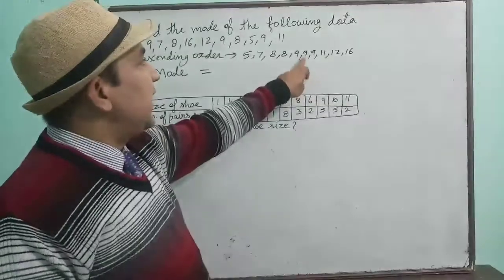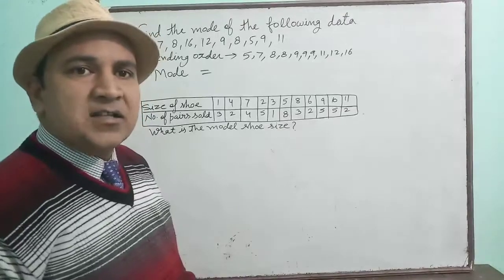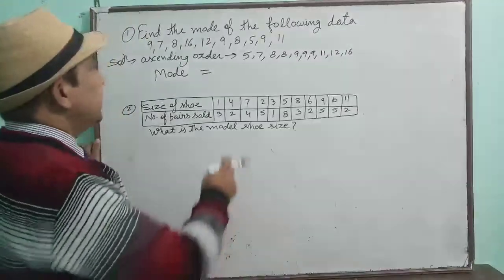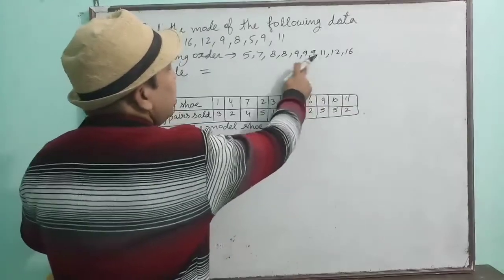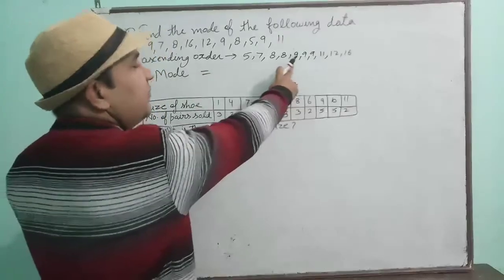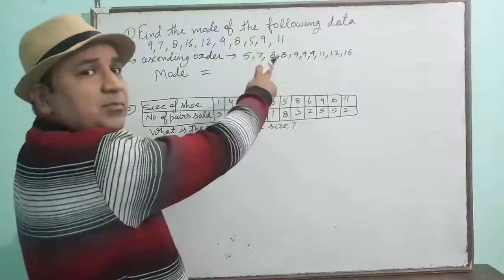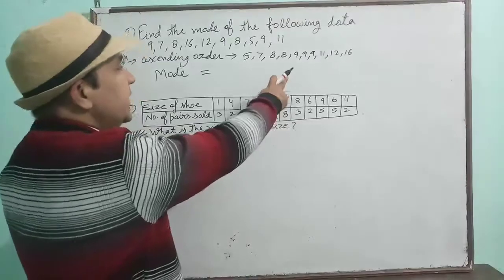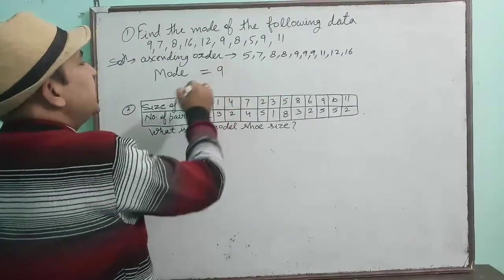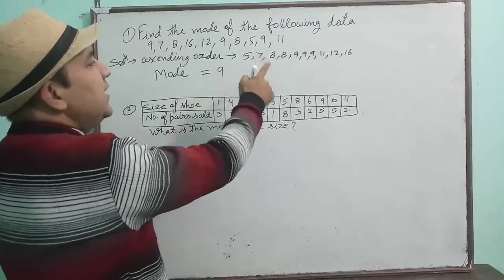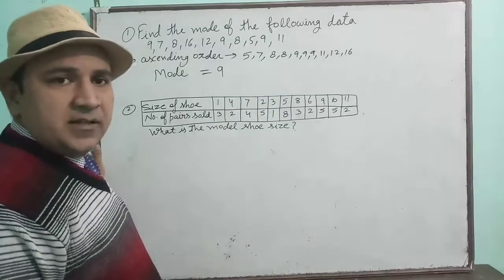So you are watching that 9 has the maximum frequency. 9 will be the mode because 9 has the maximum frequency.